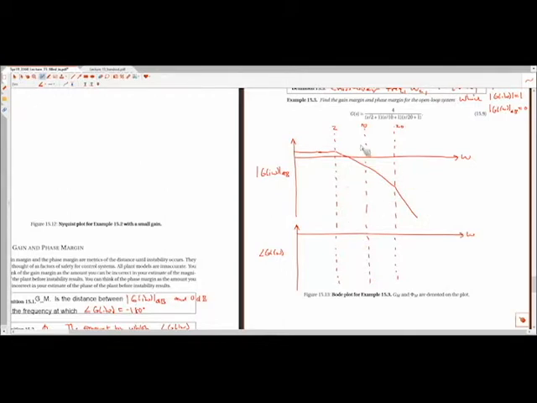Phase, we're going to get -90 from each of these. So you're going to have -90, -180, -270. Just kind of roughing this in, this is basically going to transition from 0 phase to -270 over the span of these pole locations.